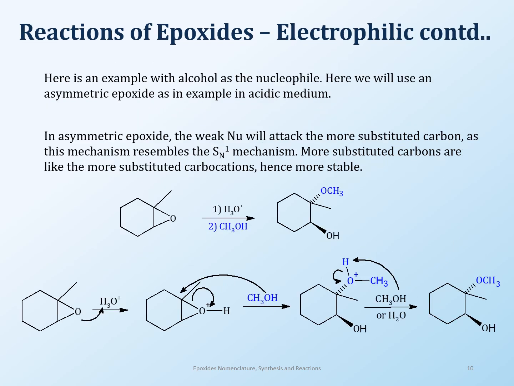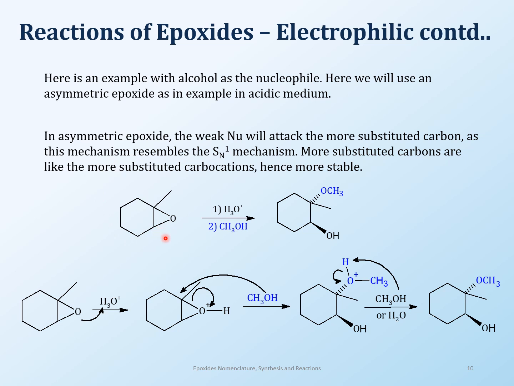Okay, so here is another reaction, and this one is going to be an epoxide using an alcohol. Here I'm taking an asymmetric epoxide. In the previous slide, when I was showing you the mechanism, it was still a symmetric epoxide, but this one is an asymmetric epoxide.